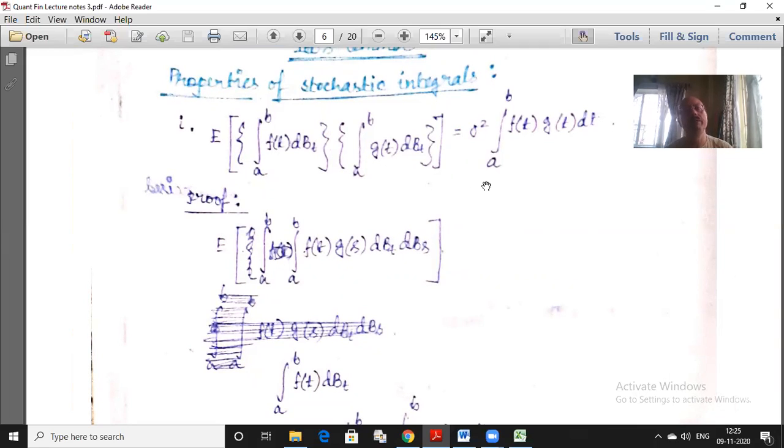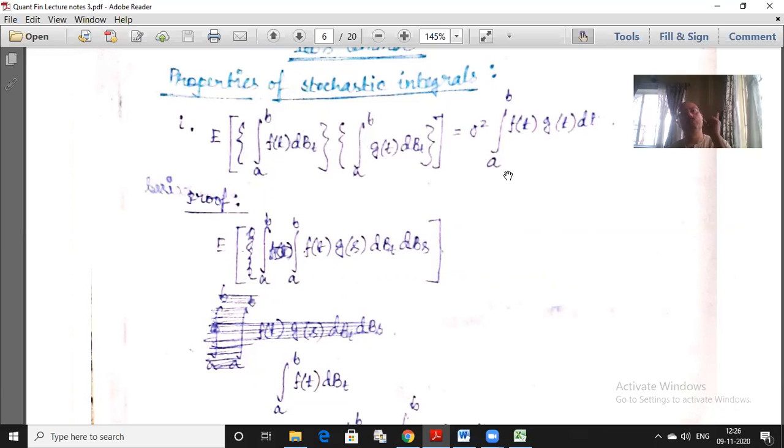If I use integration by parts on each of the integrals, both can be converted to dt integrals and an additional constant term. But in expectation, they will cancel out. And the two dt integrals, their expectation you can evaluate using that earlier covariance formula.